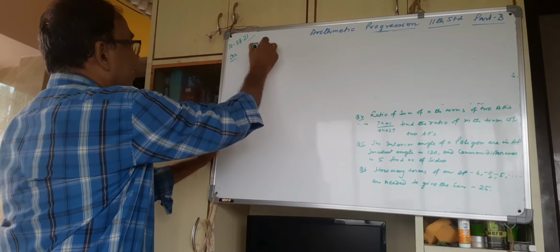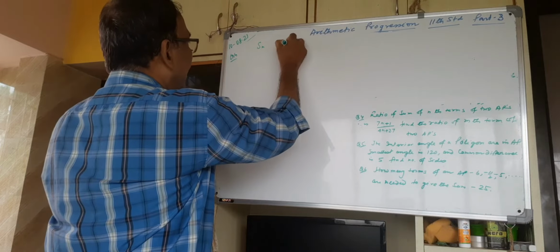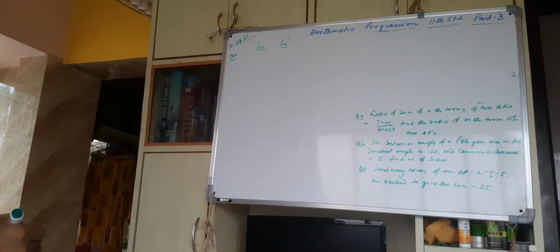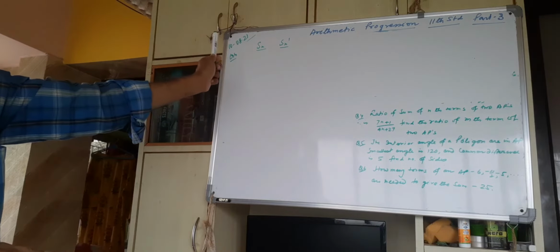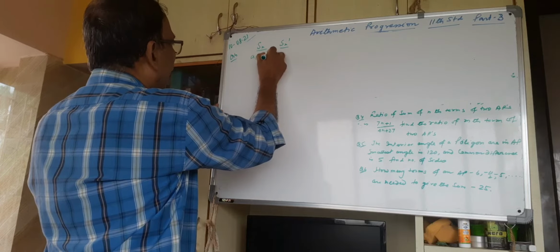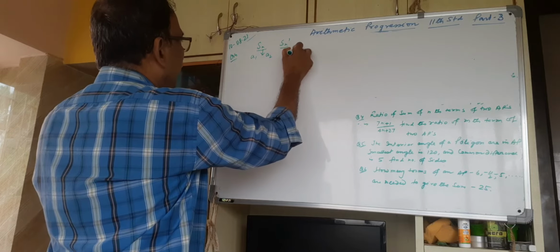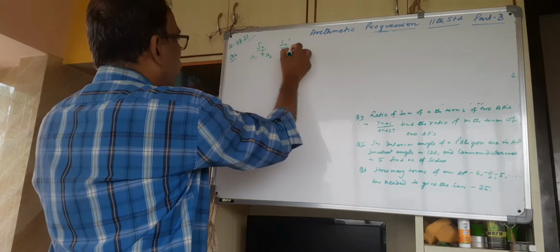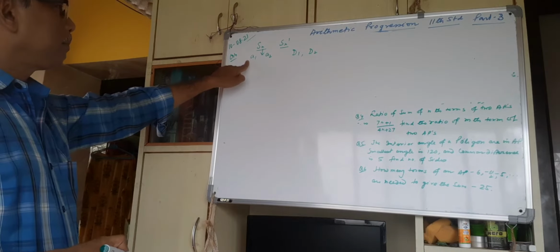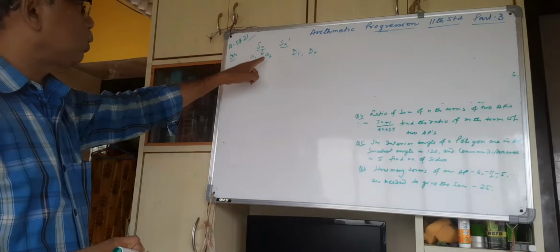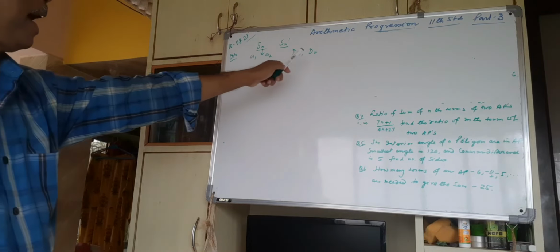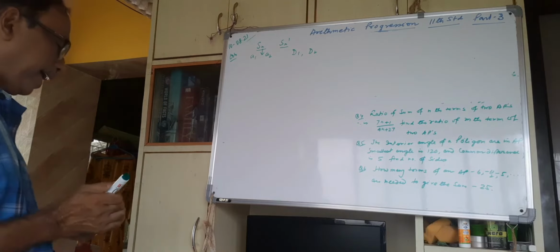Let Sn and Sn dash be the sums of two series, whose first terms are A1 and A2 and common differences are D1 and D2. A1 is the first term of Sn, A2 is the first term of Sn dash, D1 is the common difference of Sn, and D2 is the common difference of Sn dash.